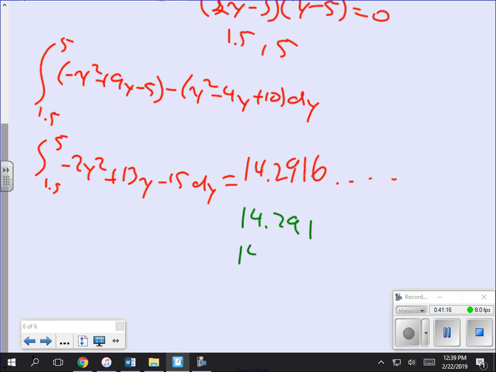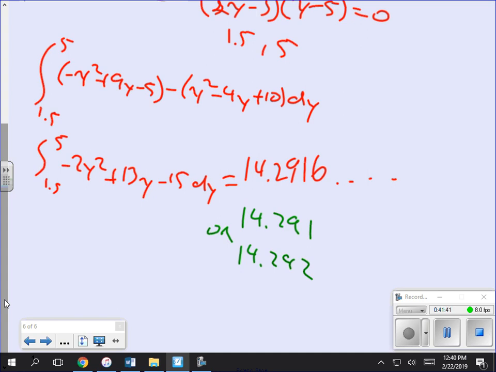Rounded would be 14.292. Either answer would be acceptable. Now, if it was rounded down, truncated and rounded are the same answer. So it's kind of funny. On the AP exam, when we start doing practice questions, you will grade your answers. And you will see, sometimes you'll see two answers like that. Sometimes you'll only see one. When you see two, that means truncated and rounded are 2 different things.